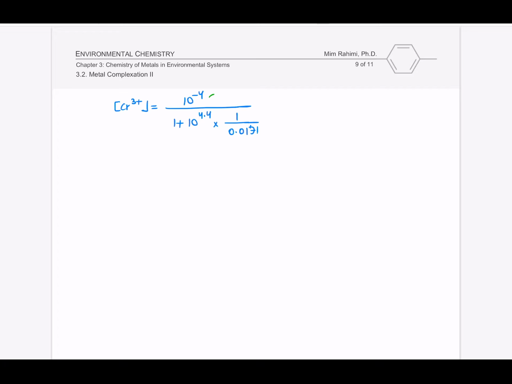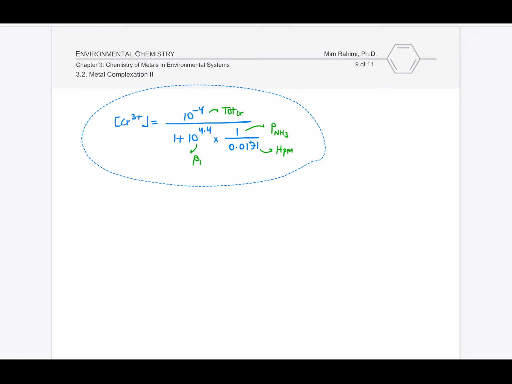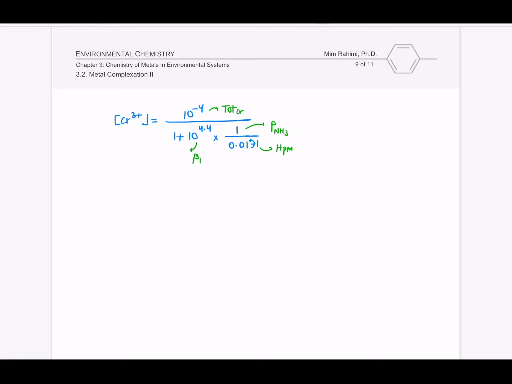So again, this is basically the total. This is HPM. This is beta 1. And if we actually calculate for chromium, this would be 6.8, 10 to the minus 11 mole.